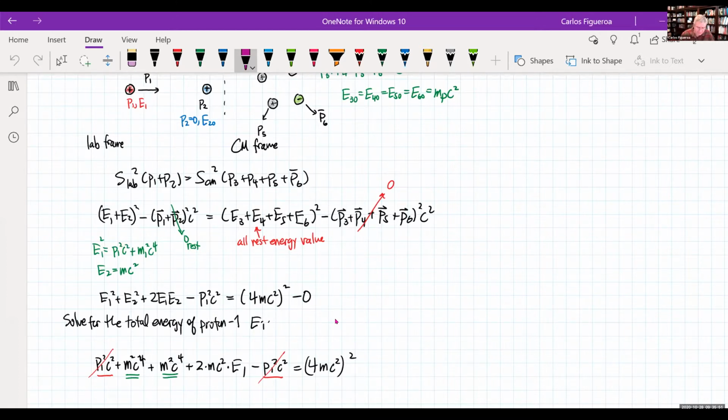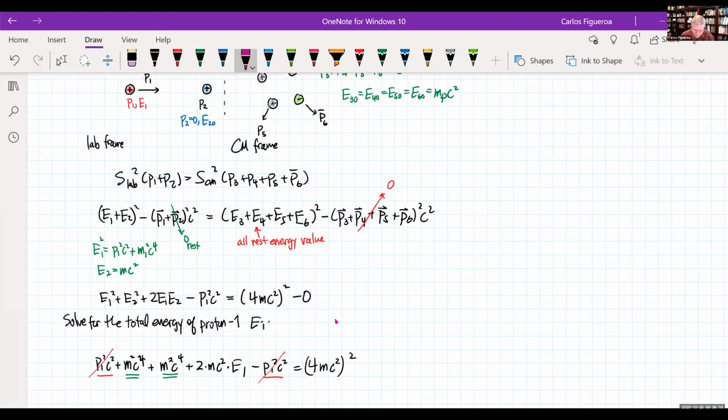So instead of writing mc squared, I just kept that as E2. Why? It's just easier to write E2 than mc squared. That's the only reason. So I wrote this all out, and then I have minus P1 squared c squared.